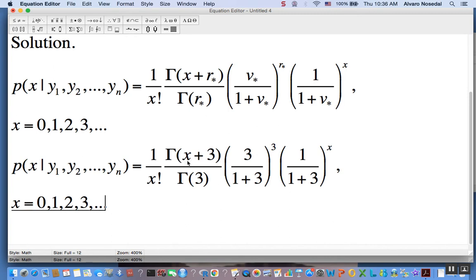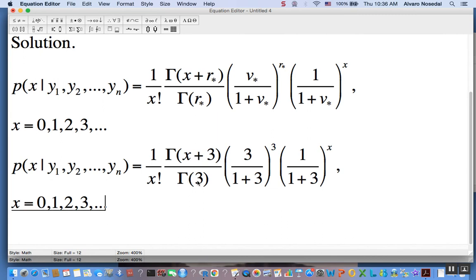So the gamma function evaluated at x plus 3 is going to be the same as n minus 1 factorial, where n would be that guy, right? So in this case, we're going to have x plus 2 factorial, right?